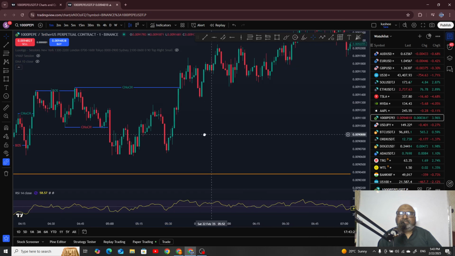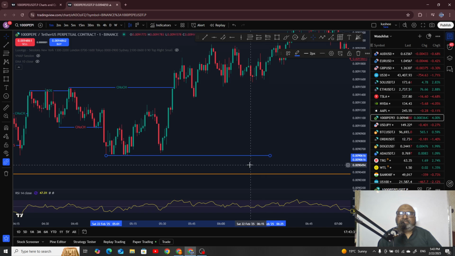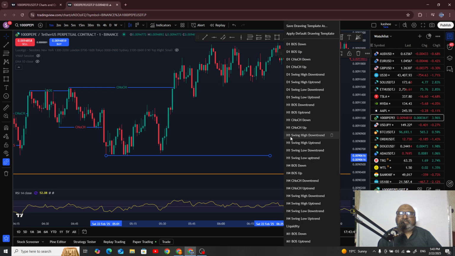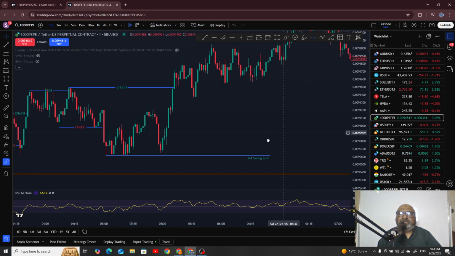Okay, so this is swing low. This is swing low. M1 swing low for the uptrend.